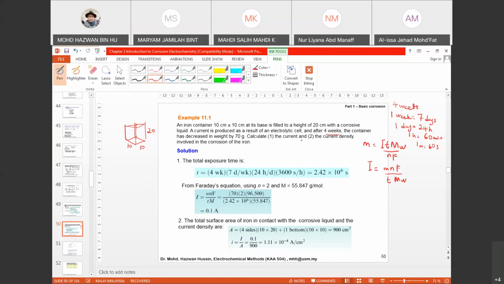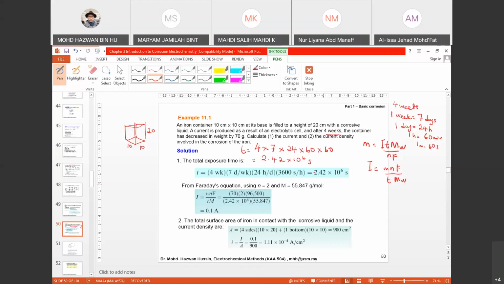Okay. The exposure is for 4 weeks. So 4 times 7 times 24 times 60 times 60. This will give you 2.42 times 10 power of 6 seconds.